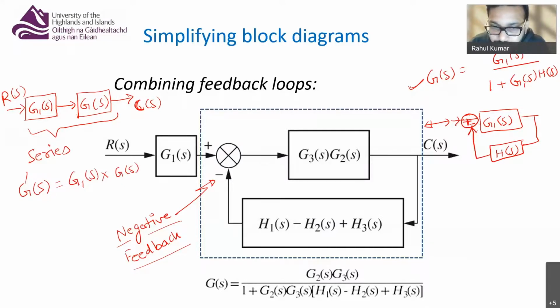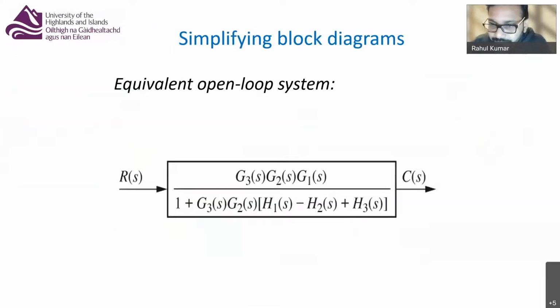Okay, so that is what I have done in the next slide. We already have G3 multiplied by G2 divided by 1 plus G3 G2 H1 minus H2 plus H3, and I have simply multiplied G1, the gain of the first block.